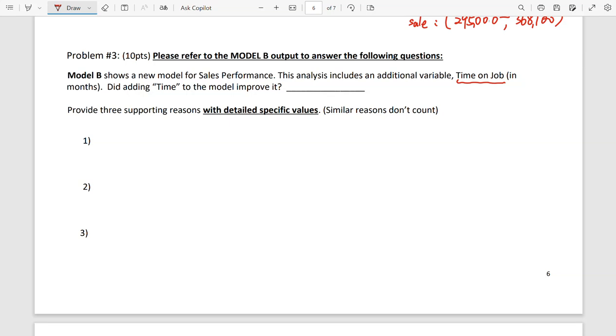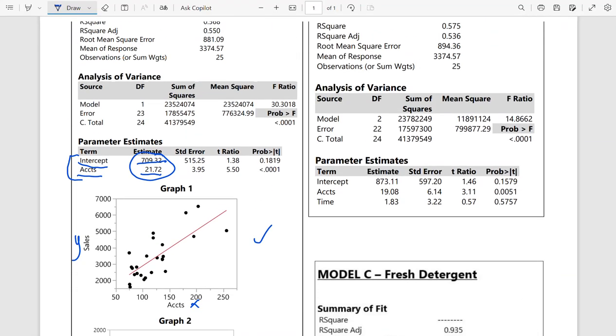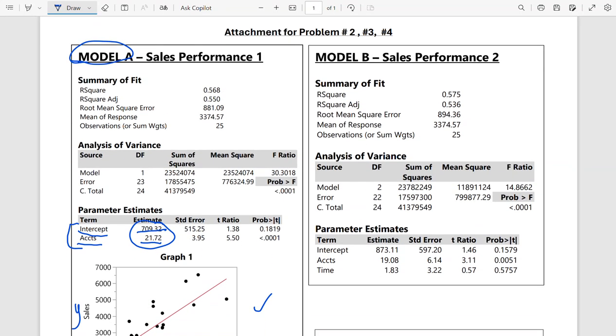All right, so how to compare models? We have model A with number of accounts, and model B. So let's look at these two models. Model A includes accounts, and in model B we have one more predictor added, time is added into the model, right?